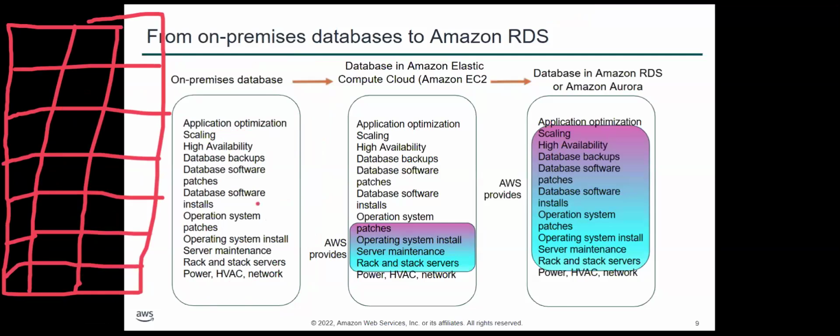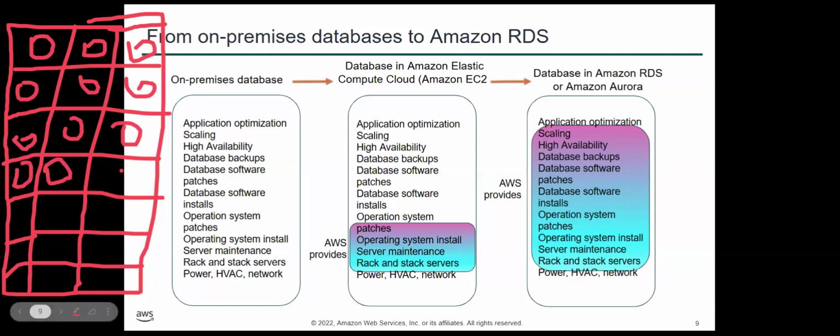And racks and stacks, this is the computer rack. Now, when we have multiple systems, the systems will get heat, so we need a cooling system. Yes, heat, ventilation, air conditioning. So power, heating, ventilation, AC, and network.